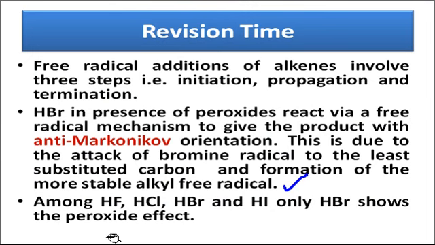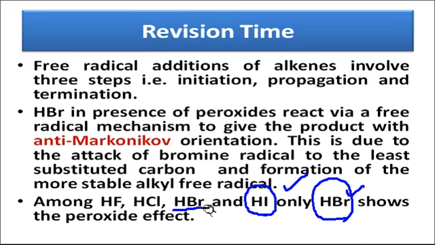Now, among hydrogen fluoride, hydrogen chloride, hydrogen bromide and hydrogen iodide, only hydrogen bromide shows the peroxide effect because HF and HCl have higher bond energies than HBr. That is why these two do not show this effect. But HI has a lower energy than HBr.